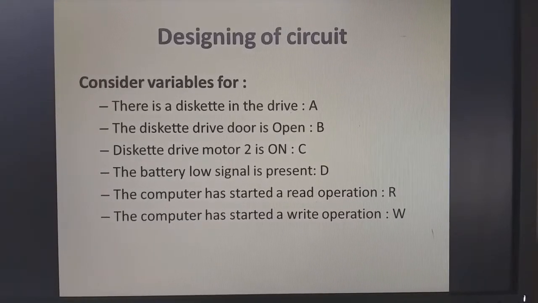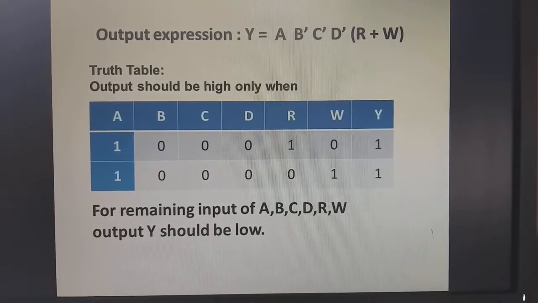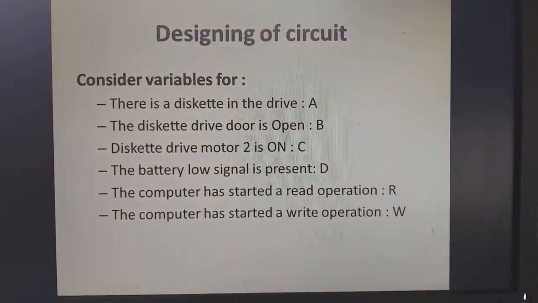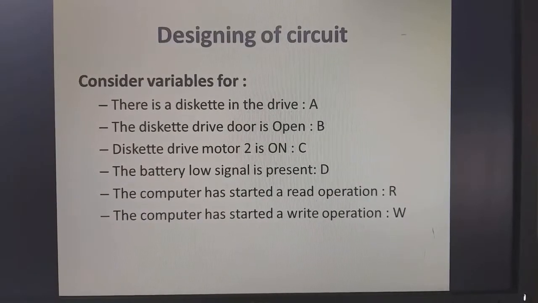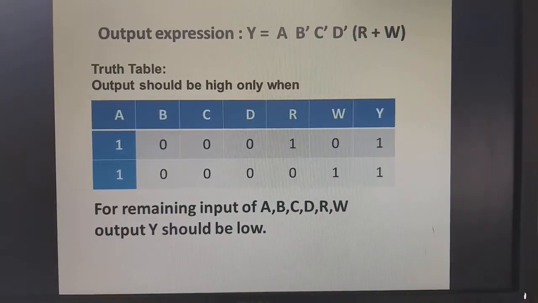So depending on the conditions here, we will get the output expression as Y is equal to A, B complement. Why B complement? Because the diskette door should be closed, but we have taken open to be B. Since it is to be closed, it is a complement.